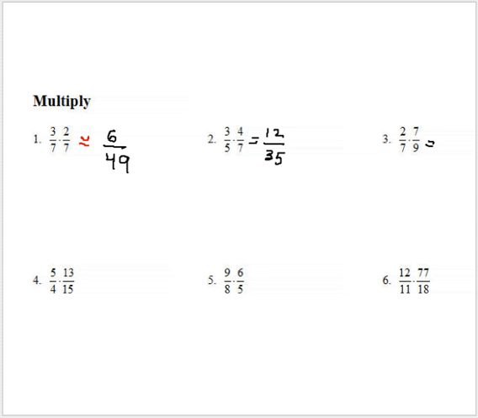In this case, yes, we can reduce the 7. You're absolutely correct. That would be 2 over 9. Would you put a check mark next to your name if you agree with that? Jasmine, good.